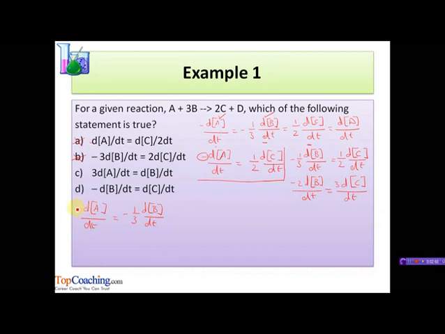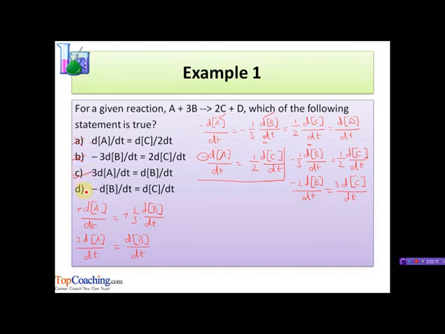These minus signs will get cancelled, and if we multiply 3 to dA upon dt, we get 3 dA upon dt is equal to dB upon dt. This matches this third choice, that is C, so C is correct.